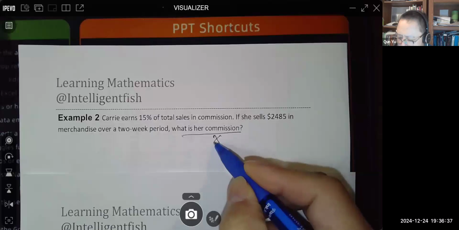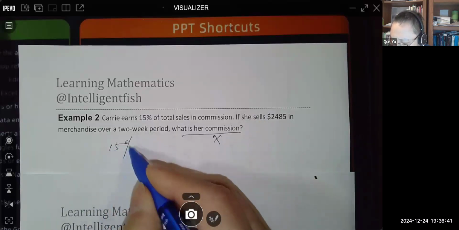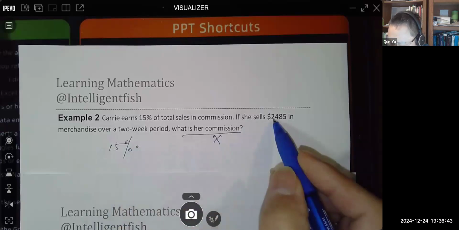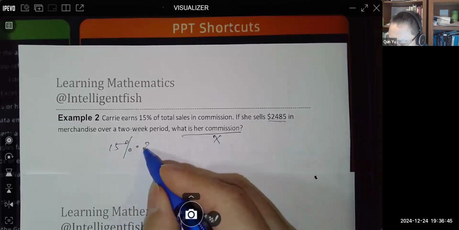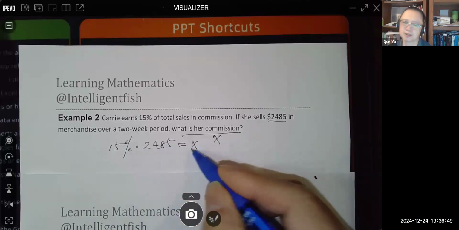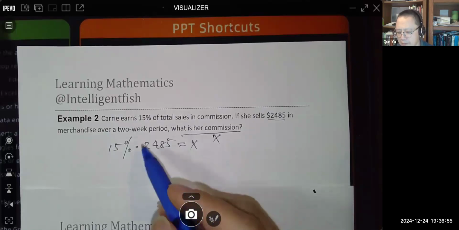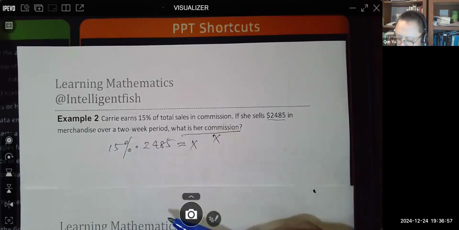This is our X, her commission. 15% of the total sales, which is this, is her commission. So we just write down what we read, basically. As long as you know percent of means multiply, you have to multiply by the whole thing after percentage.